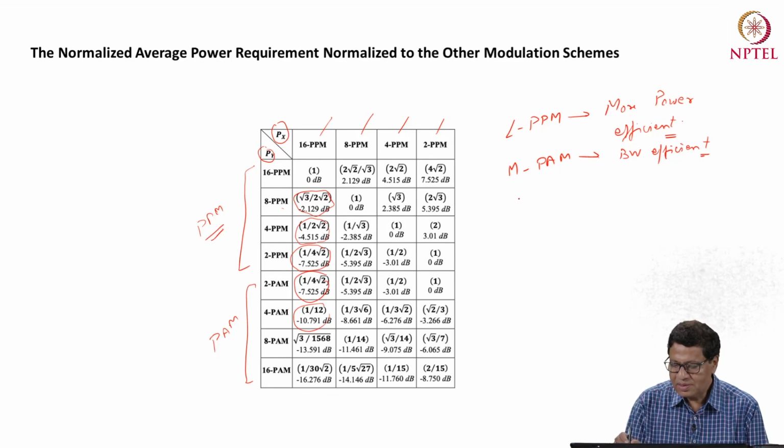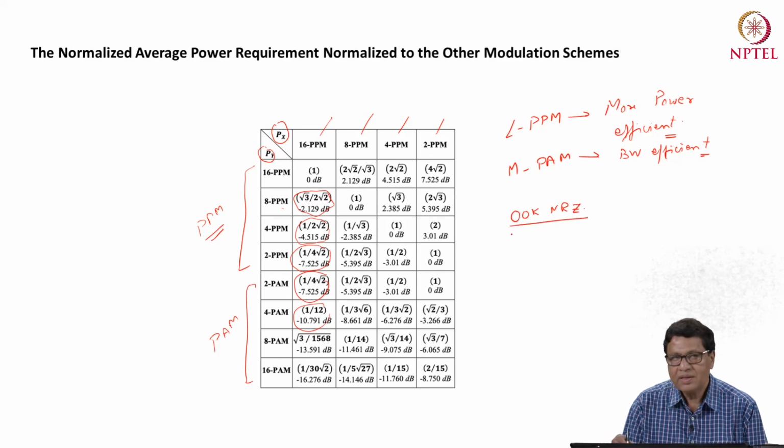So in this lecture we have discussed how to calculate BER of OOK and RZ. We have also discussed PPM in general, different levels of PPM, and also calculated BER.